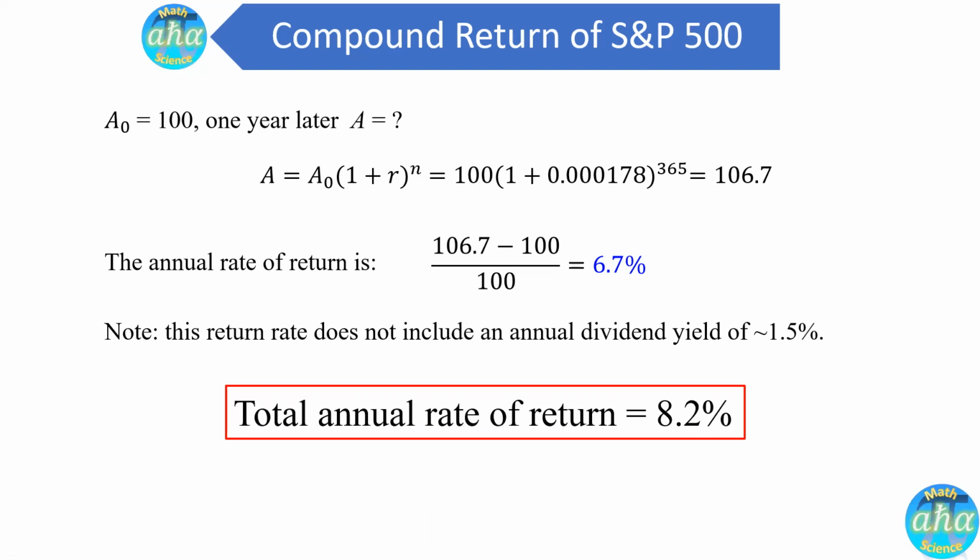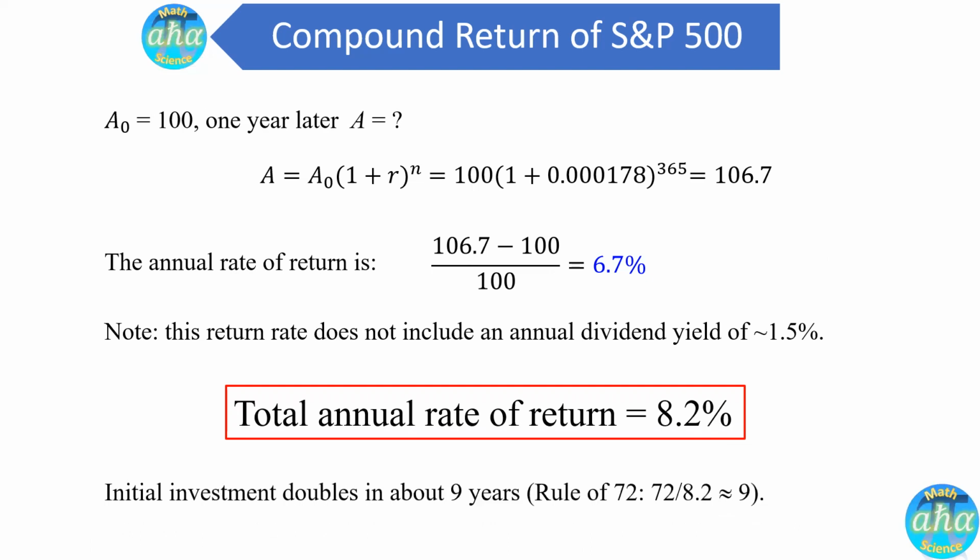If you look at the rule of 72, it says the number of years it takes to double an investment is equal to 72 divided by the rate of return. Here we have 8.2, so it's approximately 9 years. If you put all your money into the S&P 500, every 9 years you should expect your investment to double.